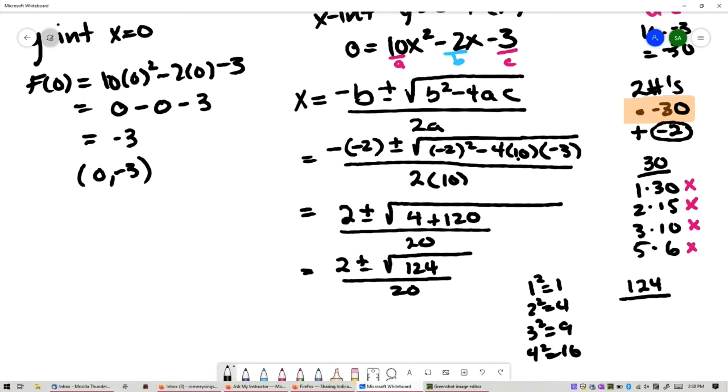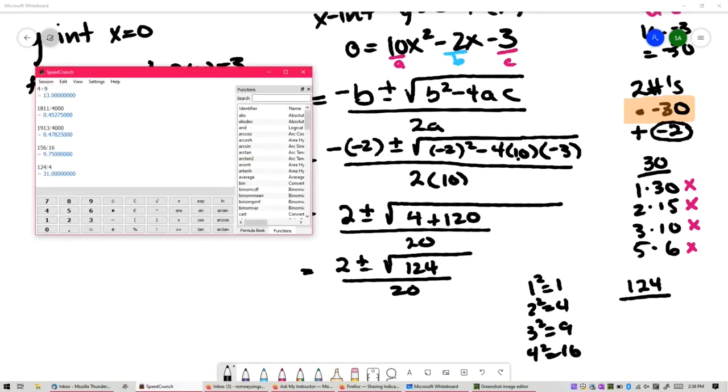We want a perfect square that will divide evenly into 124. So I have a calculator here. Let's see if I can get it to come up. Okay, there it is. In 124, I'm going to divide that by the perfect square 4, and you can see that that goes 31 times.